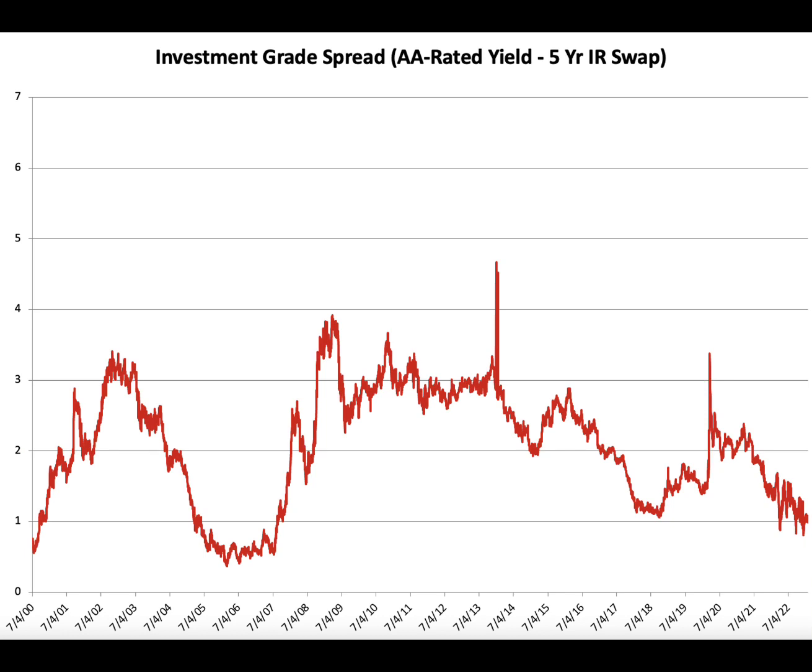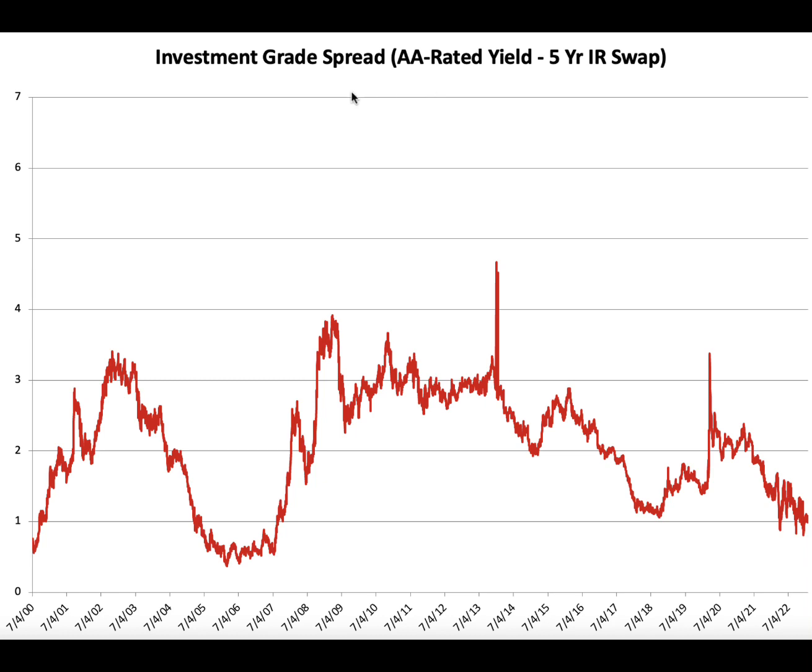And so the investment grade, the AA rated yield minus the 5-year interest rate swap. So if you look at corporate AAs versus the 5-year swap rate, what we observe is a positive spread over. Typically swaps are cross-collateralized, and so there's not a credit risk concern there.